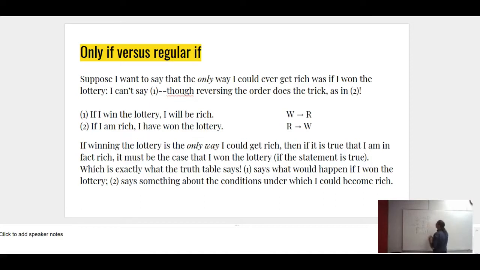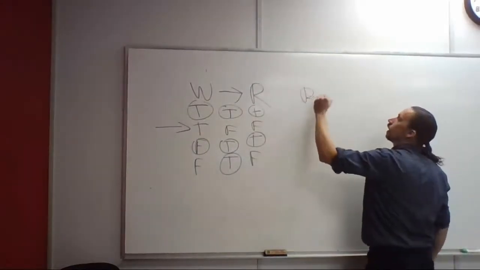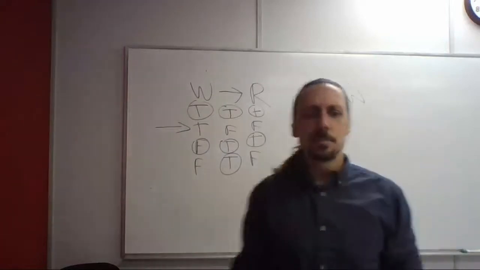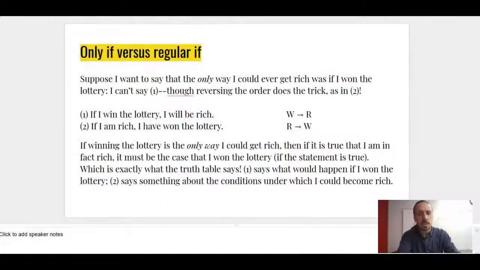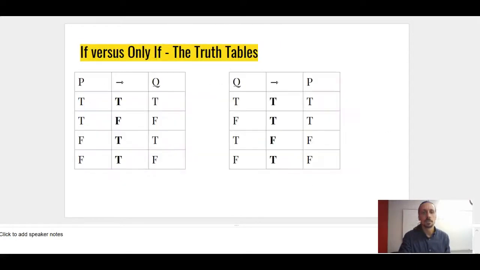Because suppose I actually reverse these. Let me shift W here. All right. Suppose I say if R, then W. I probably put this on a slide. I bet if I just go one slide ahead, I don't actually need to write it. Yeah, there it is.